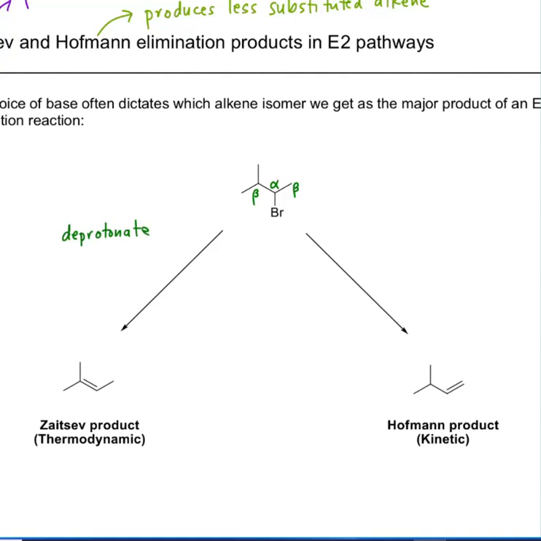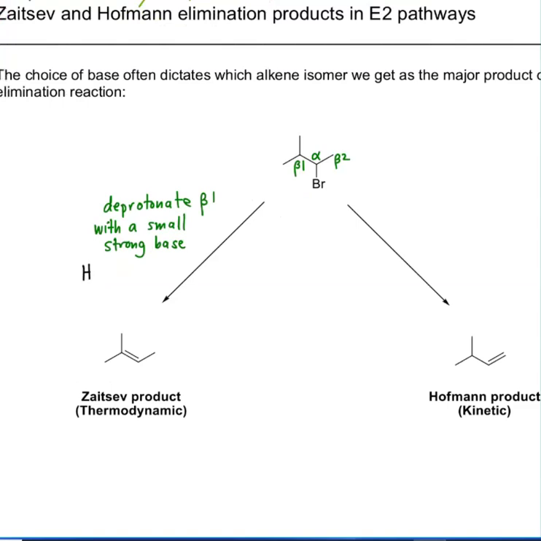Let's label these as beta 1 on the left and beta 2 on the right. We would deprotonate beta 1 with a strong base that's on the smaller side. Okay, so what's that going to look like? The choices here are going to be hydroxide and methoxide. So those are the smallest strong bases that you know that you could use in this sort of a situation.